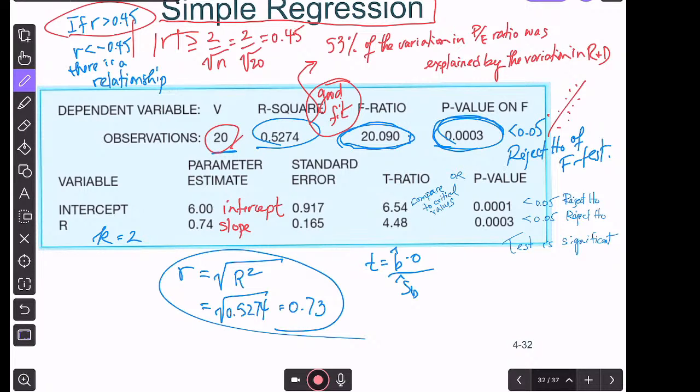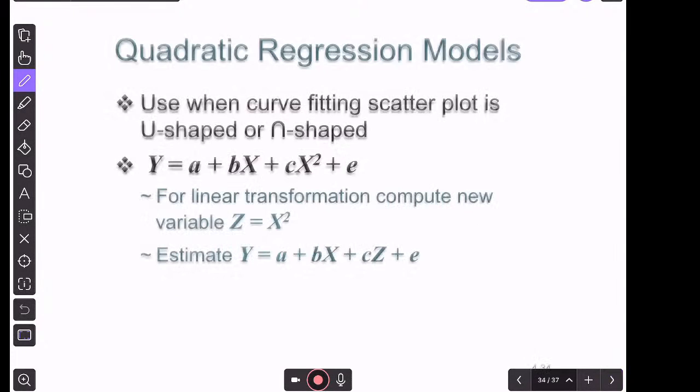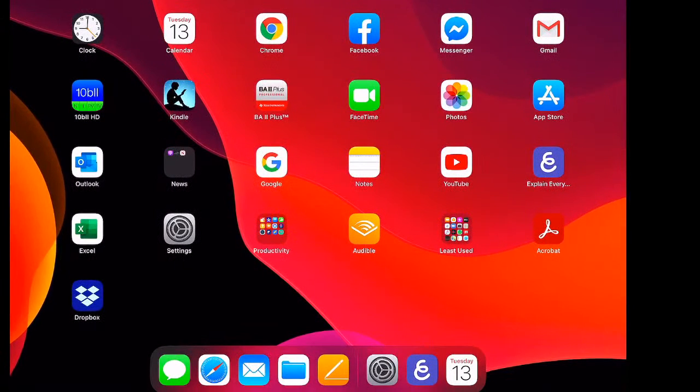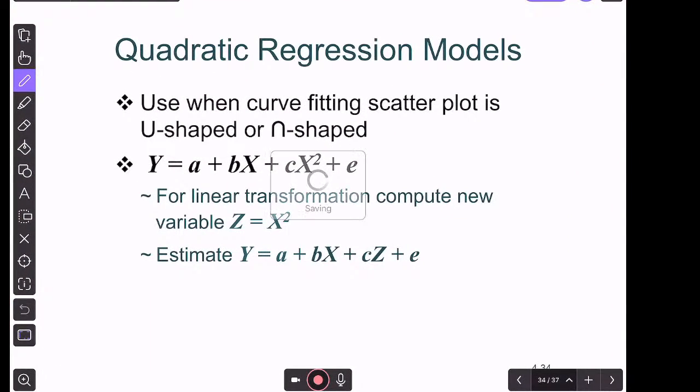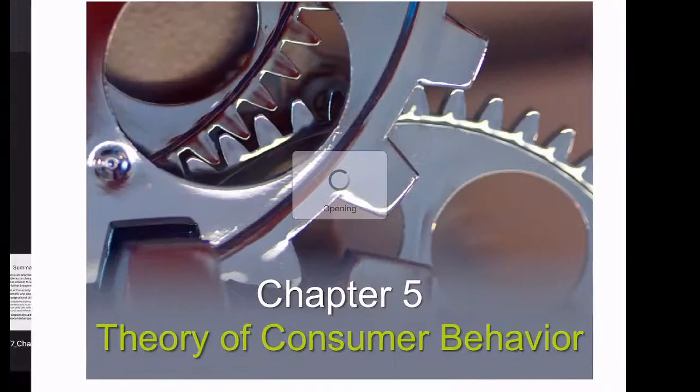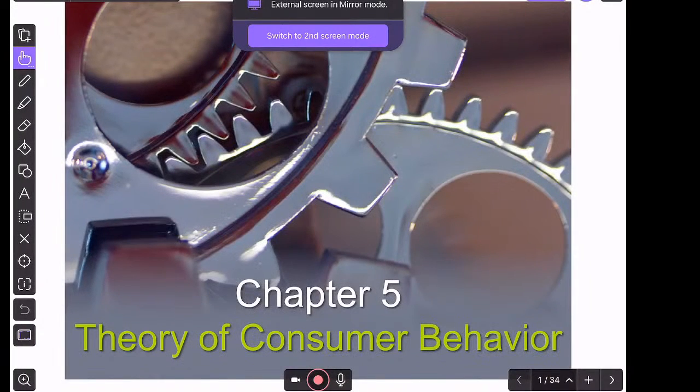So this is chapter 4. I have to do 5 and 6, so let's see. Oh, multiple regression. Okay, that's not hard. I can do that too. So I'm going to do that tomorrow morning. Let's see, I have to do 5, consumer behavior.